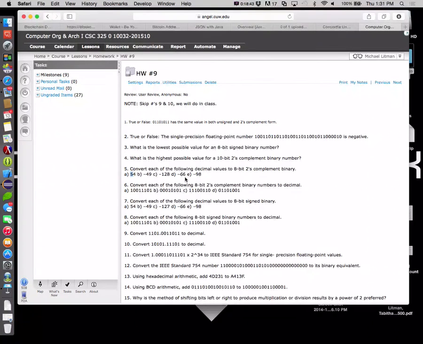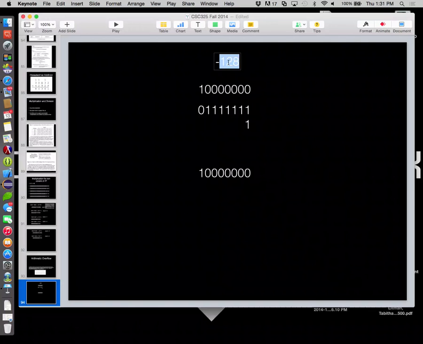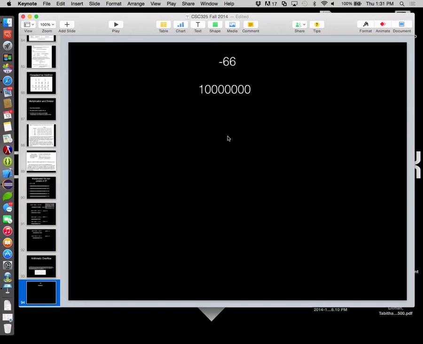Okay, negative 66. At least we're getting easy numbers for me to convert to binary. Kind of. I'm pretty stoked about the 128. I followed that one. All right, so 66. We have 1 in the 64's place. 32, 16, 8, 4, 2. Right? Pad it with a 0.